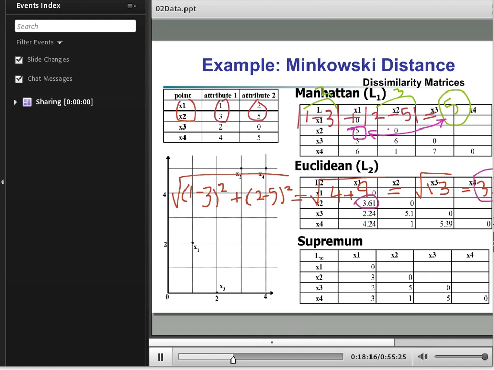This is the Euclidean distance between x1 and x2.